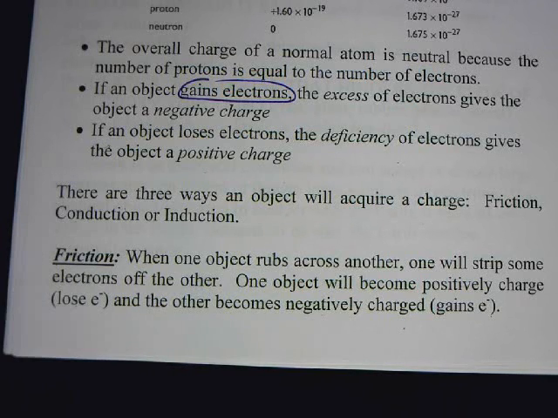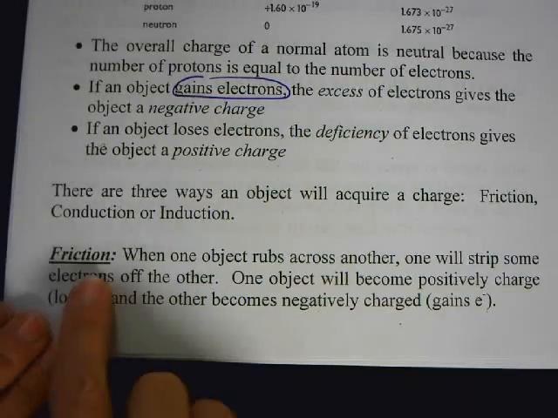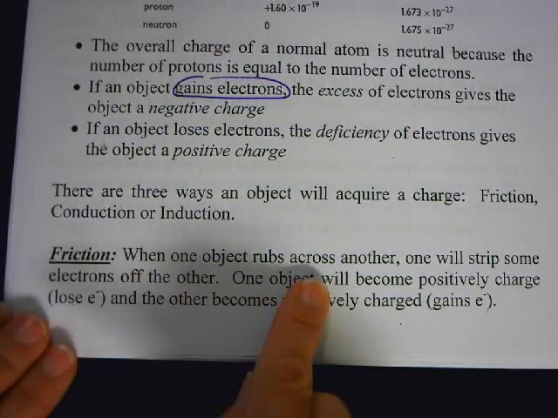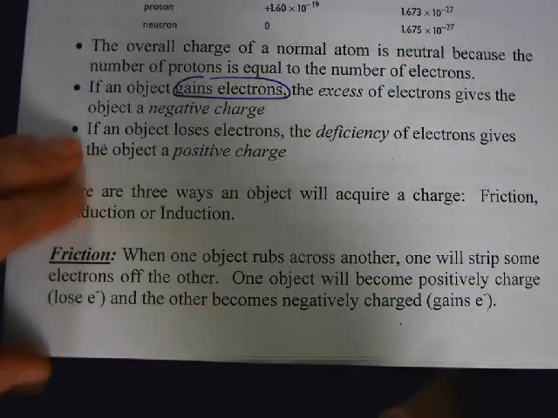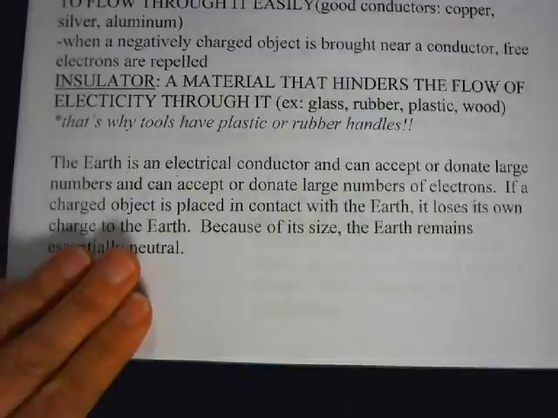And we saw that we were able to transfer electrons from one object to another, and then we were able to make an object have an overall charge that was positive or negative. So then we compared it to the bubble. So we're going to be doing more experiments like that. So again, friction, when one object rubs across another, what happens is we actually transfer the electrons. So when one loses electrons, the other one gains electrons.